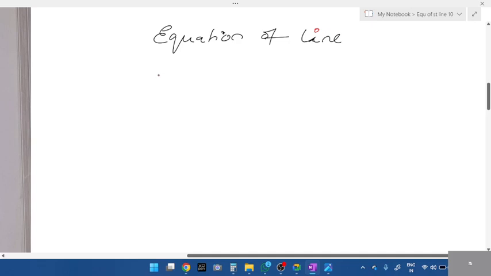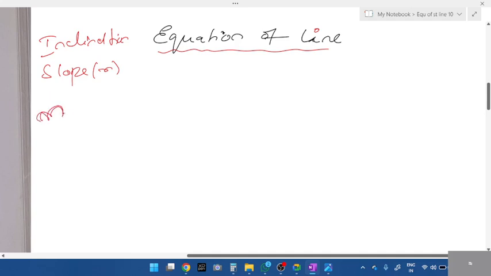Okay. Equation of a line, students. See, slope is done. I'll tell you all the things we studied here. First, we studied inclination. Inclination is the angle. Next, slope, m. Slope and gradient mean the same.